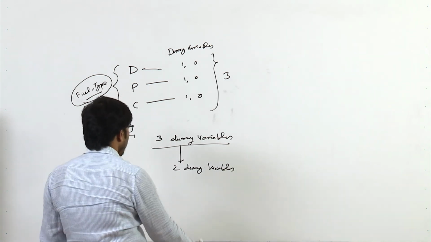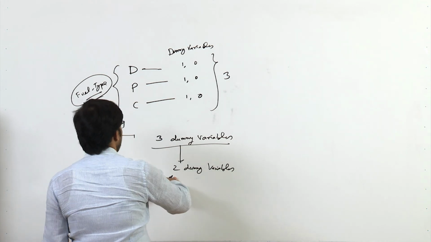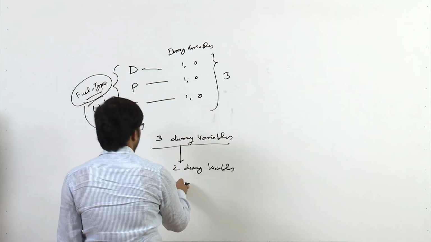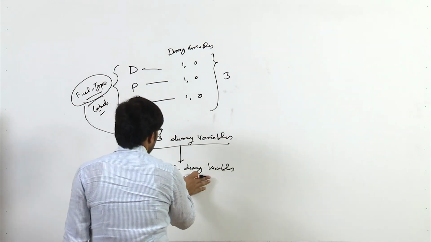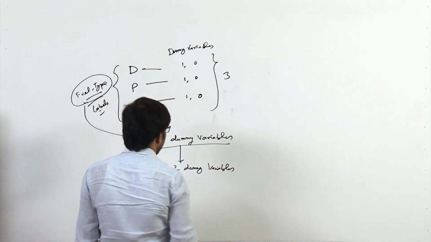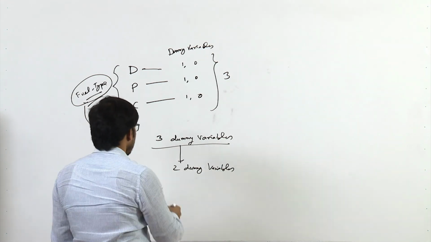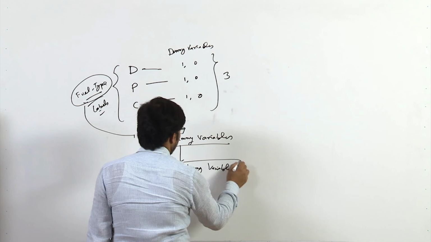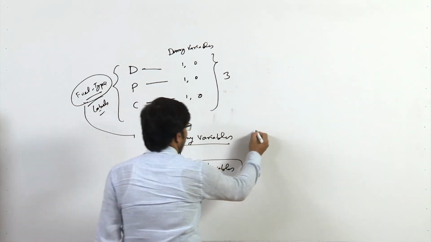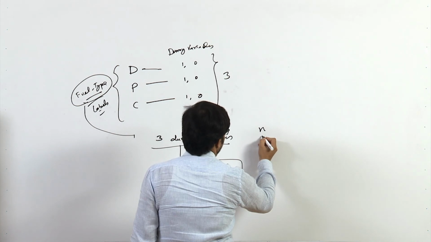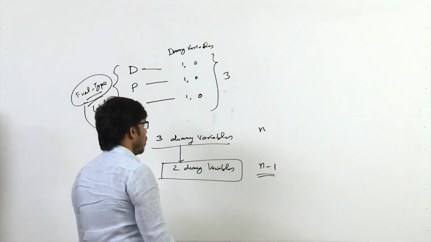So in our modeling exercise, if a particular car is not having diesel or petrol, then of course it will have CNG. Because of that, if we have information on 2 dummy variables, the third one is automatically known. So in our model we just have to include 2 dummy variables. If there are n classes, then we will have to include n minus 1 dummy variables in the model.